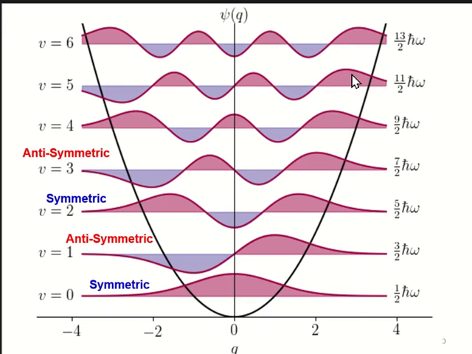So then you also noted that as you go to higher quantum number, initially you had the maximum amplitude at the center, at the zero point equilibrium position.